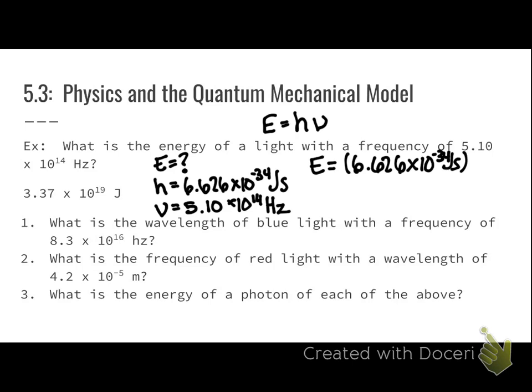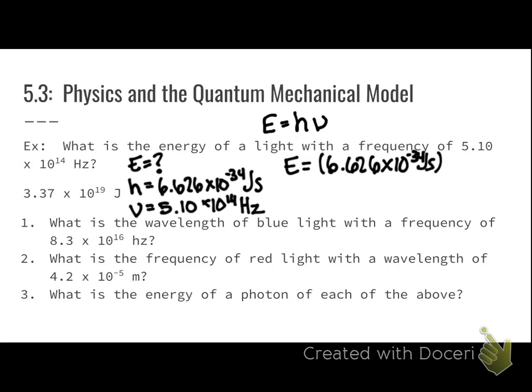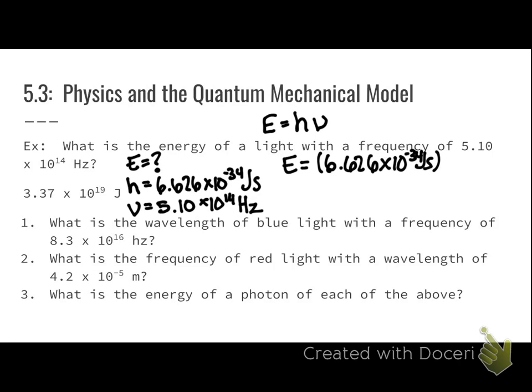And we're going to multiply this by our frequency, which is 5.10 times 10 to the 14th hertz. Whenever we do that, we should get an answer of 3.37 times 10 to the 19th joules. Joules here being our common unit for energy.